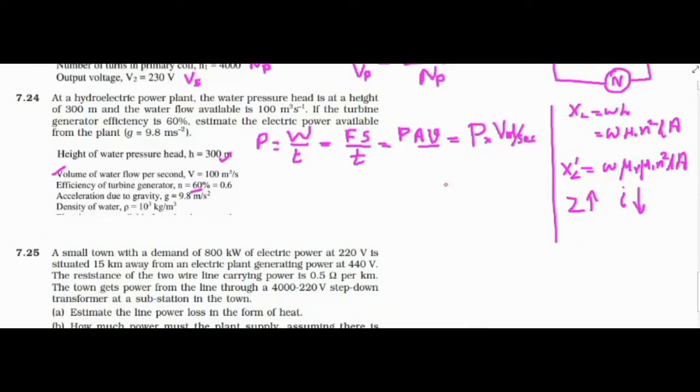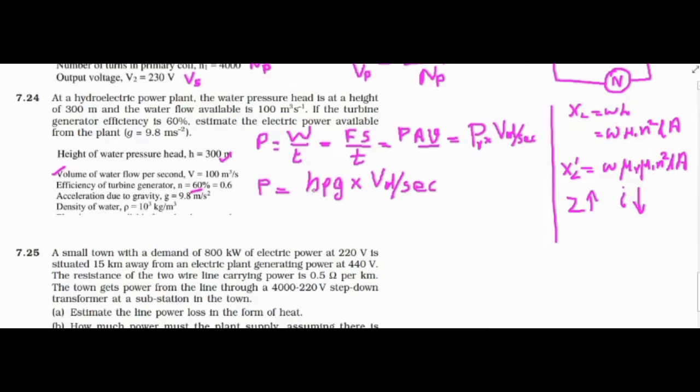Again, pressure P is equal to H rho g. Therefore, power P is equal to H rho g into volume per second.